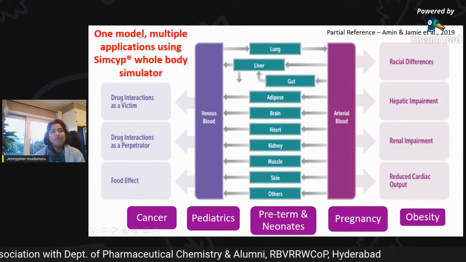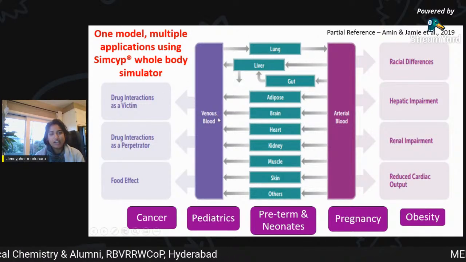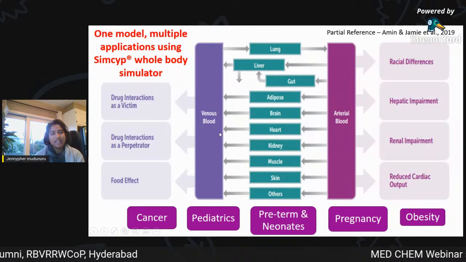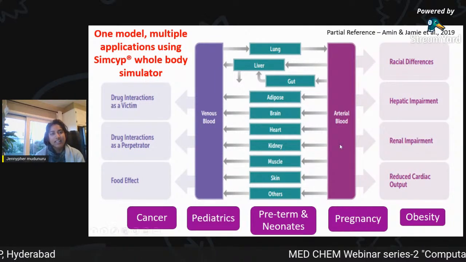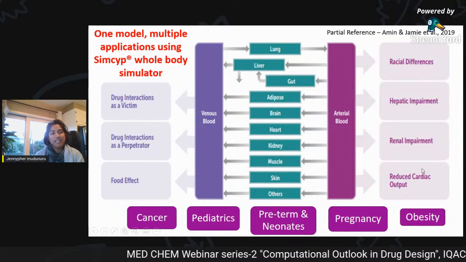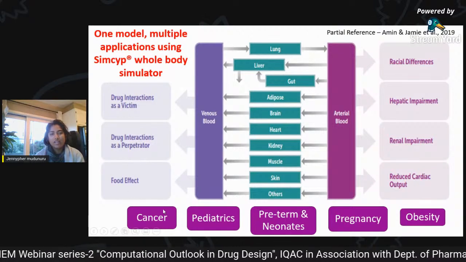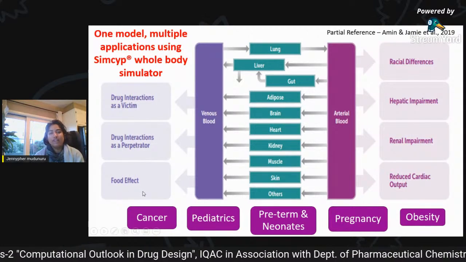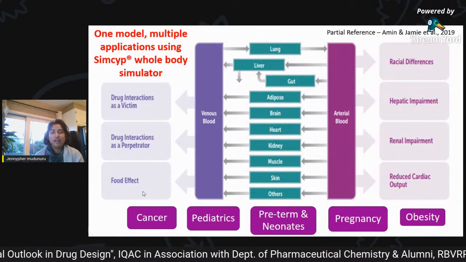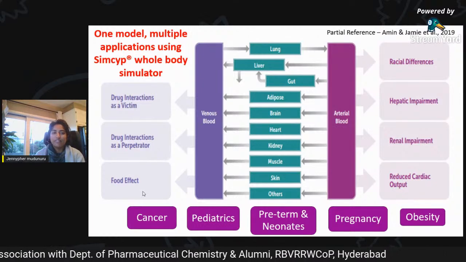So if you are able to build one model with enough verification and confidence from your clinical data, from the very first clinical data, the applications are very diverse. So you can use it for drug interactions, like we spoke. You can check if there is food effect. So for some of the compounds, if you take the medicine with the food, it has a reduced effect.